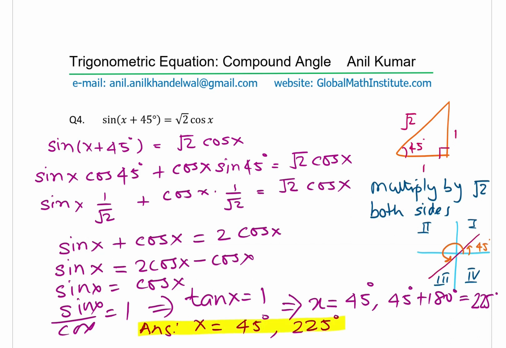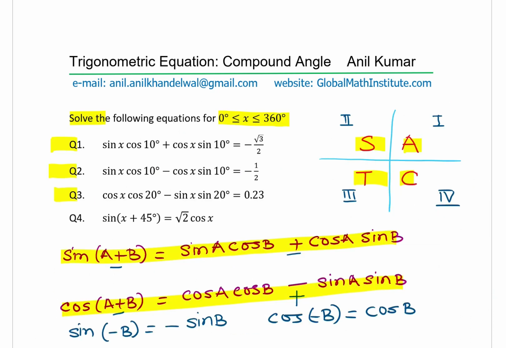So that is how we are going to solve this particular question. I hope the concept is absolutely clear. Let's have a good look at this set of questions. The first three were already expanded, and we clubbed them together using the compound angle. And in the last question, we had a kind of reverse approach.